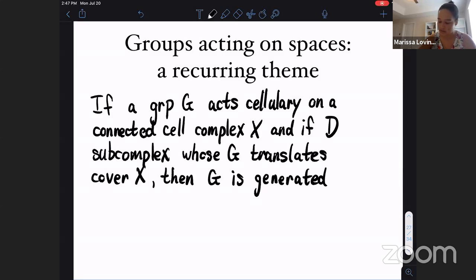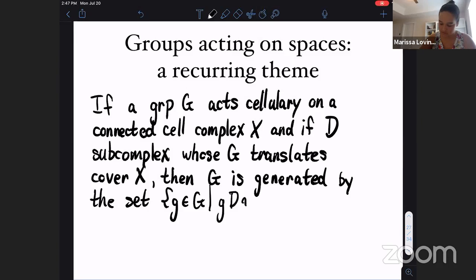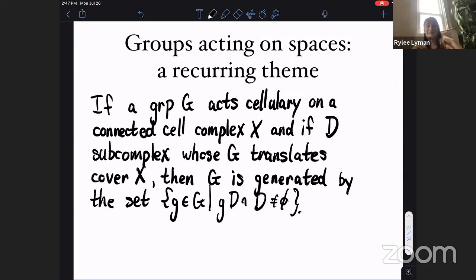Then G is generated by the set of those g in G such that g(D) intersect D is not empty. Okay. I'm going to use this tomorrow.